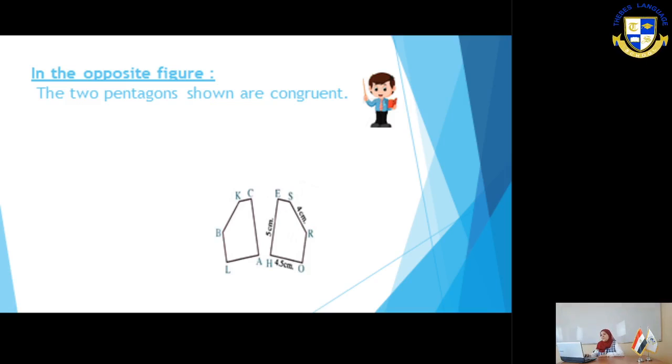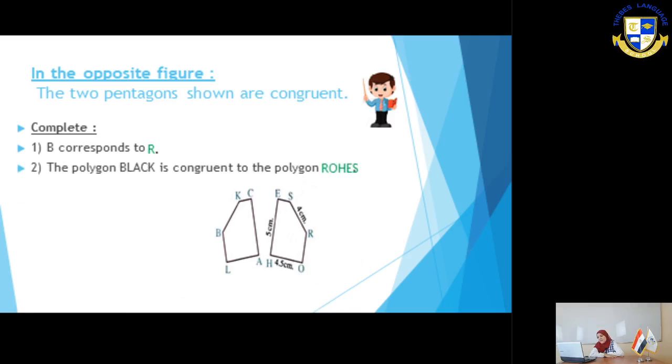In the opposite figure, the two pentagons shown are congruent. Complete. From the figure, B corresponds to R. The polygon BLACK is congruent to the polygon.